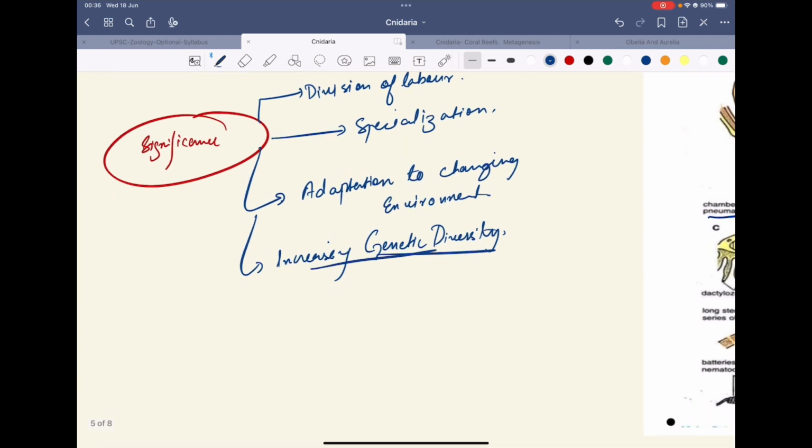Because there are polymorphic forms, there are different forms. So yes, there is increased genetic diversity. Then you will see there is reduced intraspecific competition. Within the species, there is less competition.